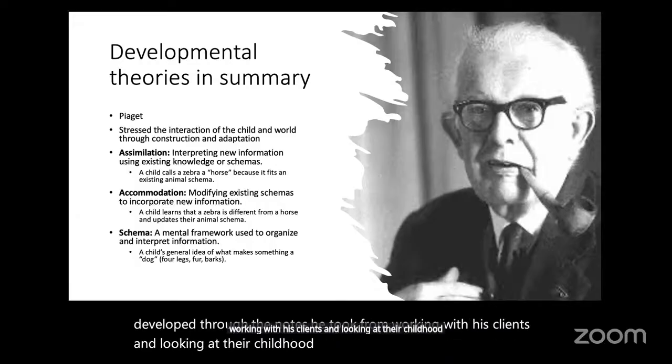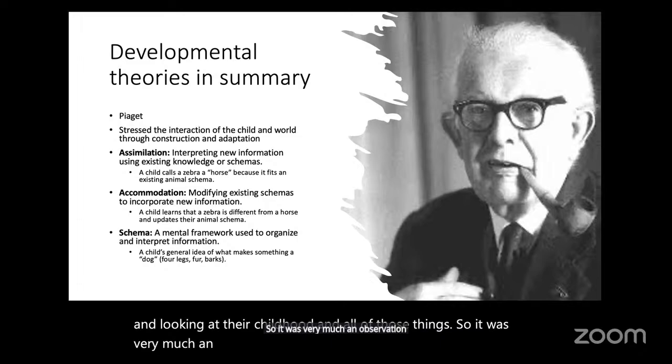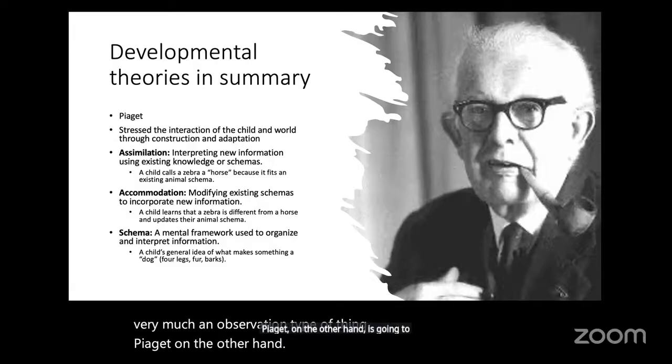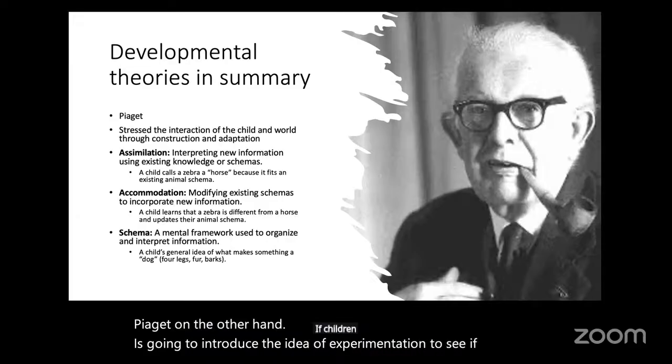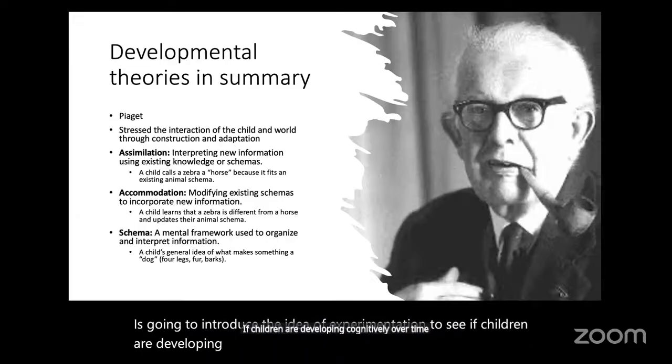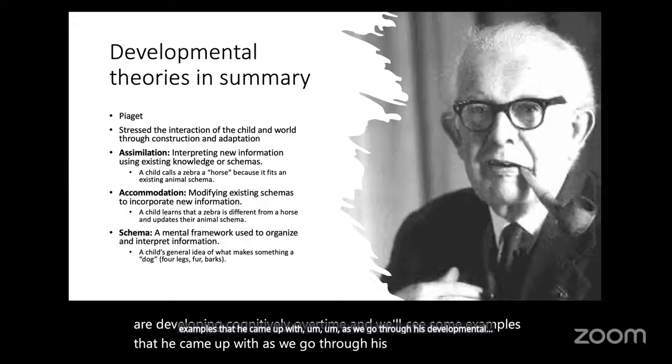So it was very much an observation type of thing. Piaget, on the other hand, is going to introduce the idea of experimentation to see if children are developing cognitively over time. And we'll see some examples that he came up with as we go through his developmental theory.